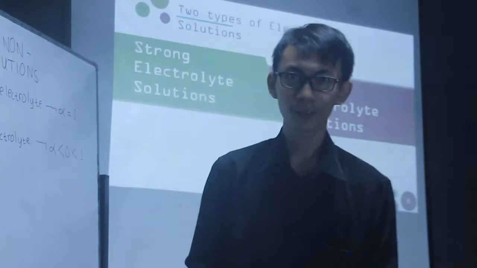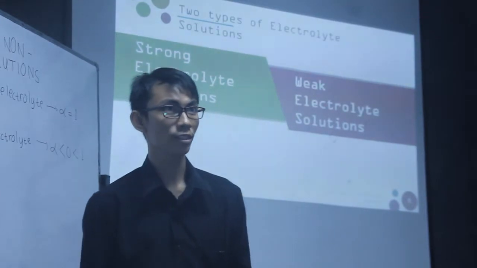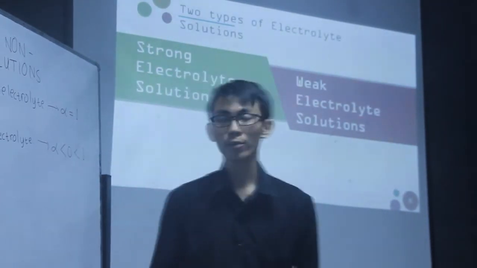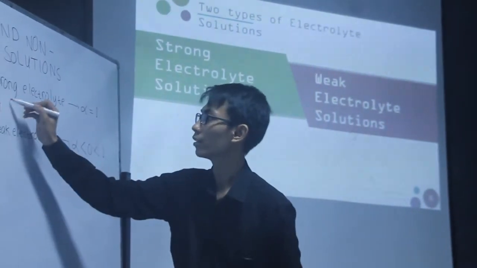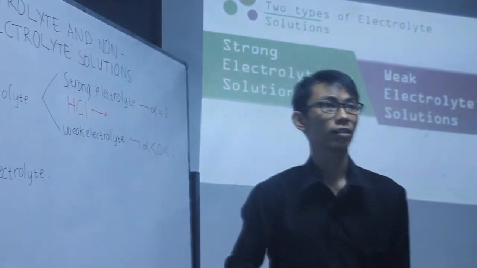May I ask you, sir? Yes, sure, Rido. What is ionization? That's a good question. Ionization is the breakdown or decomposition of a substance in a solvent. For example, we have hydrochloric acid or HCl.